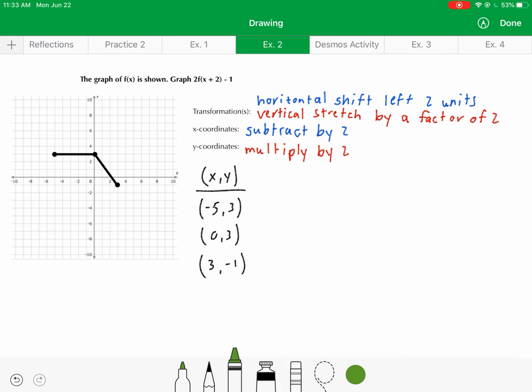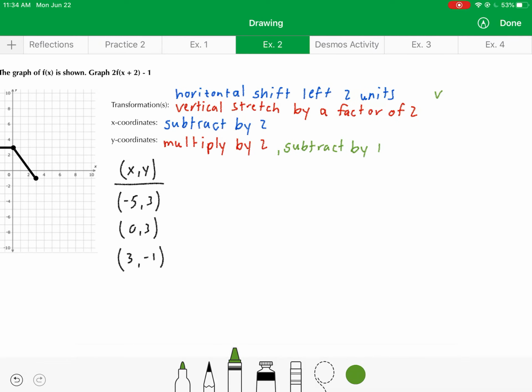And lastly, we move to the subtraction by 1. That's also happening outside of the function, so that's affecting the y coordinates again. Subtract by 1, and that's going to vertically shift us downward 1 unit.